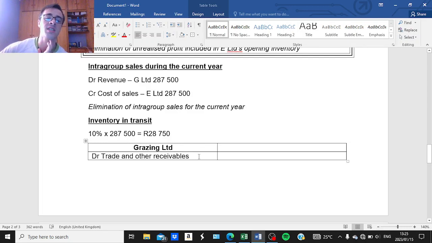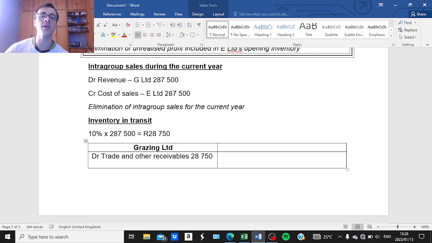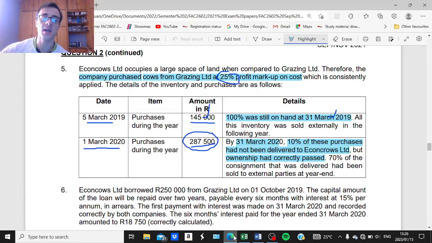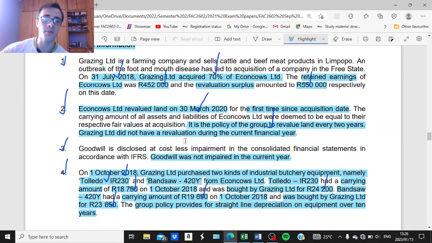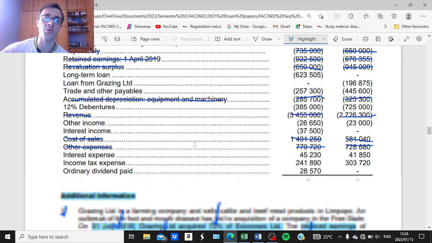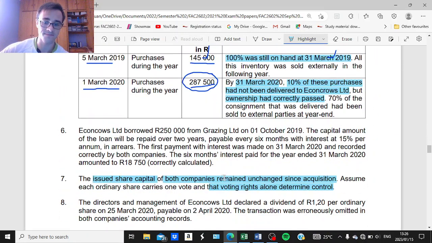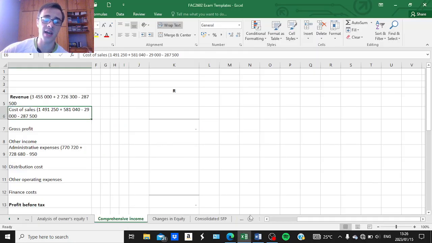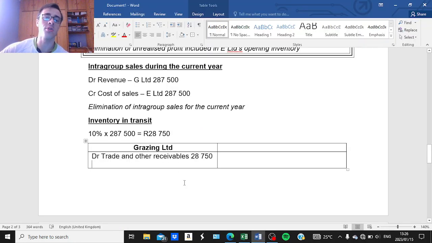So it is still receivable from Econ Cows Ltd. Okay, so they would have increased trade and other receivables, and the reason why we use trade and other receivables is because there is no intergroup current account that is utilized for intergroup inventory sales. So if there is no current account between the two companies, we will make use of trade and other receivables or trade and other payables. And they would have credited sales or revenue by the same amount.